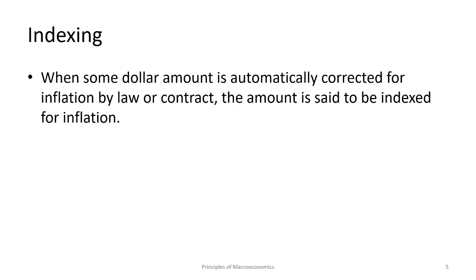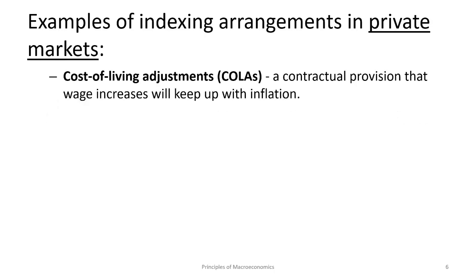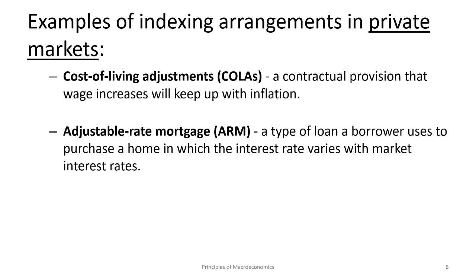Some examples of indexing in private life: Cost of living adjustments are also called COLAs. These are contractual provisions that wage increases will keep up with inflation. Another example of indexation is the adjustable rate mortgage, or ARM. This is a type of loan a borrower uses to purchase a home in which the interest rate varies with market interest rates. And market interest rate varies with the inflation rate.